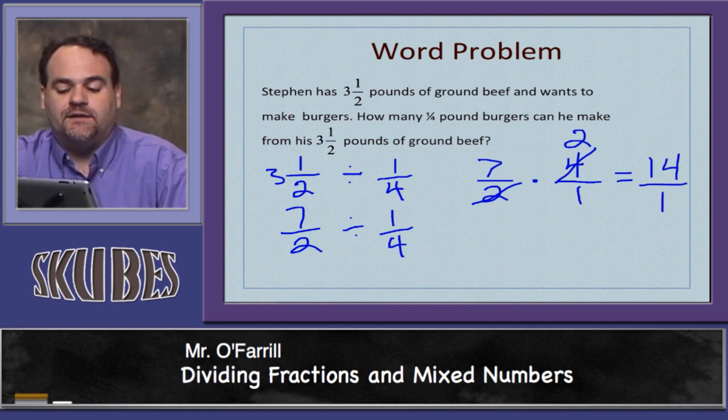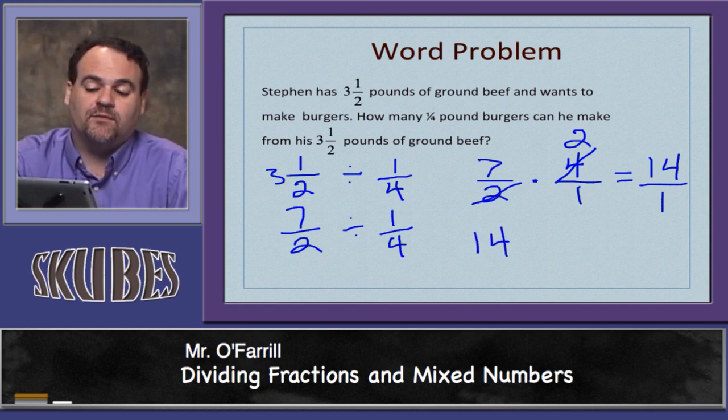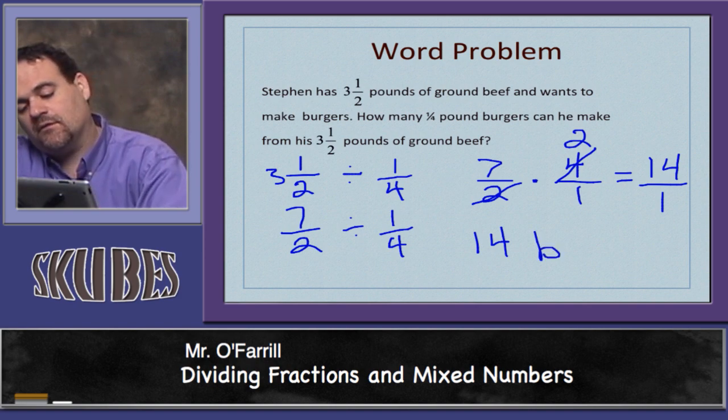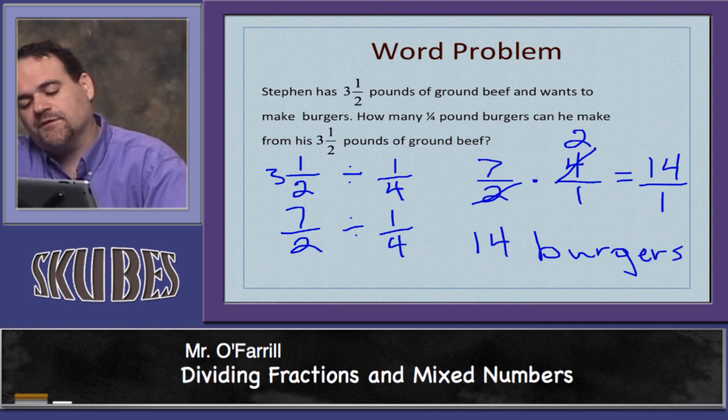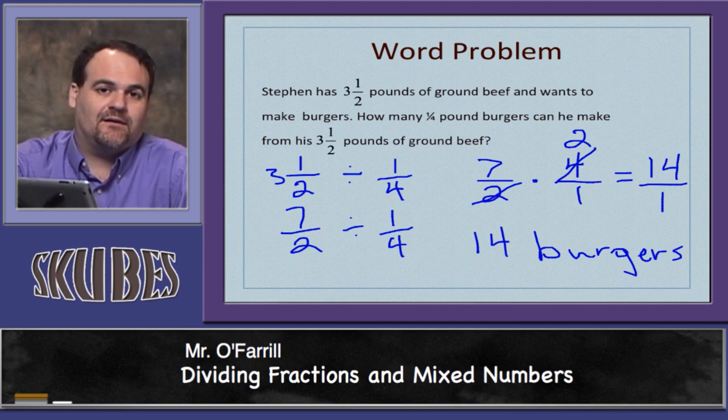The 1 is really unnecessary, so we can just say 14. And this is a word problem, so 14 what? 14 burgers. I can't eat that many. Maybe he's having a party. Well, that's how we divide fractions and how to deal with them when there are mixed numbers involved as well.